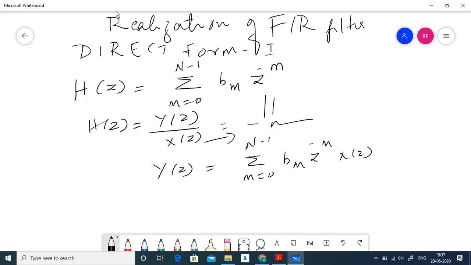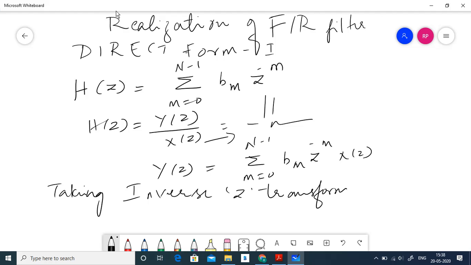Now for this equation, I'll take the inverse z transformation, that is, taking inverse z transform on both sides.